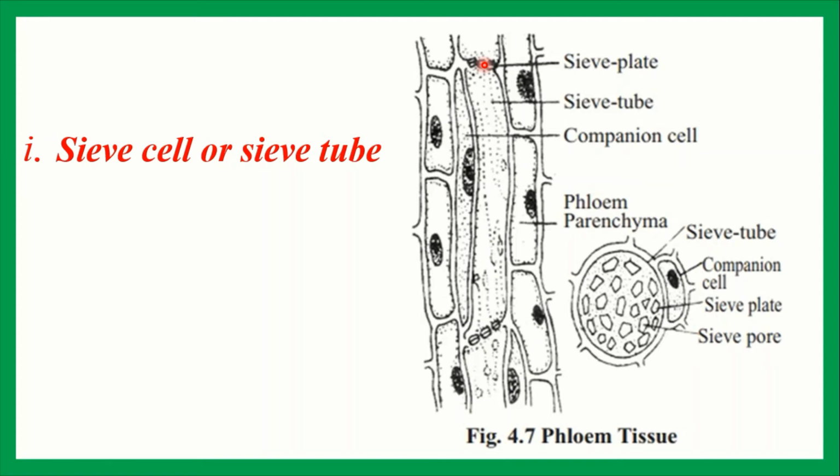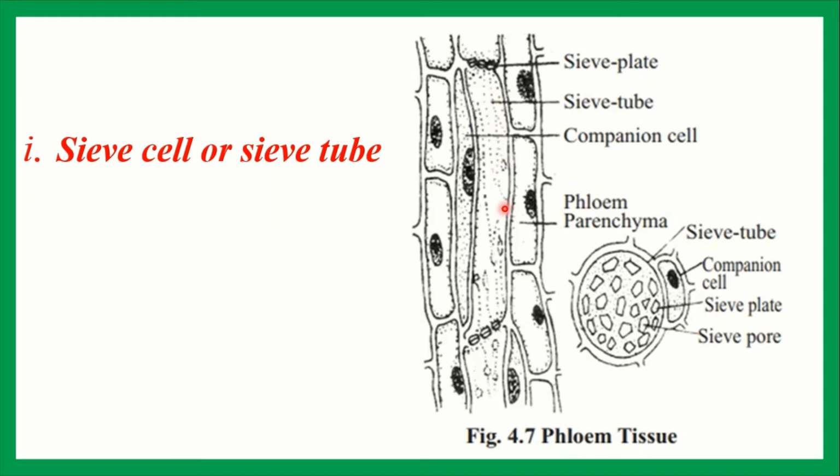As a result, transportation of food materials is reduced. But during spring, the callus dissolves and normal transportation of food resumes again through the sieve plate. So everybody, I think you understood that sieve tube or sieve cell helps to transport food materials.